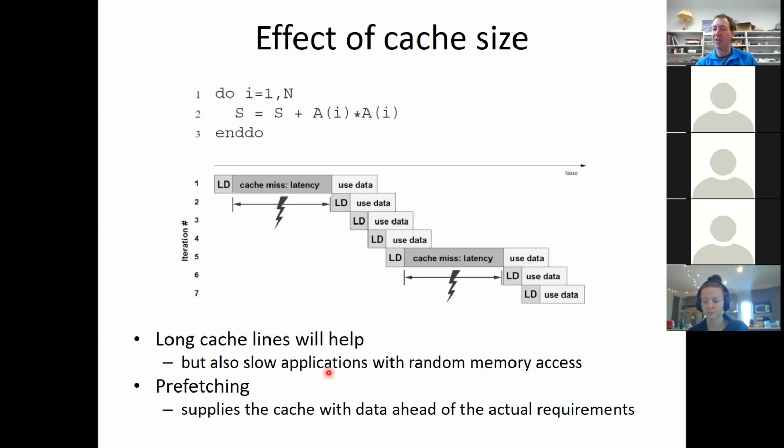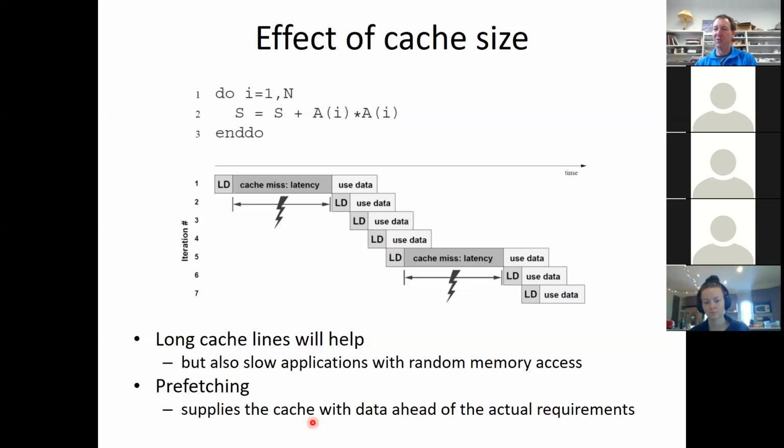However, if you have an application with random memory access, where the cache line has to be swapped in and swapped out continuously, long data transfers are of course not very beneficial. So there's a trade-off between how often you use consecutive data and how often you use random elements. What also helps is so-called prefetching, which supplies the cache with data ahead of the actual requirement.